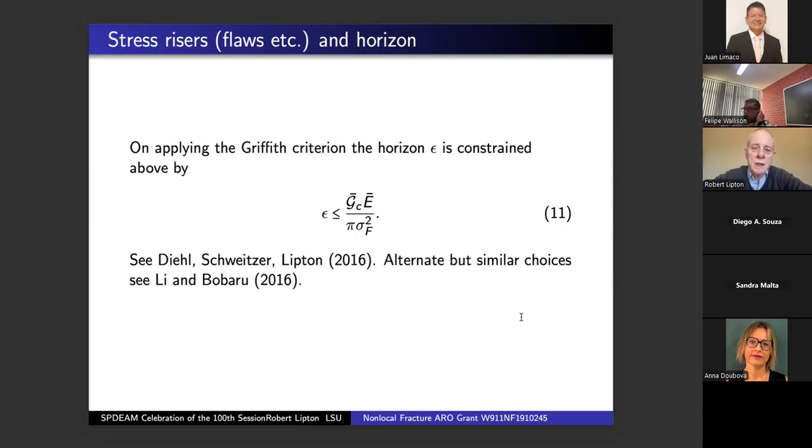And so G_c is what we computed. E is the Young's modulus, which can be picked off a table. Sigma_F is the failure stress, where the force-strain law starts to soften. All of these can be obtained from experiment: sigma_F, G_c, and E. We can plug them in, and that's how big we're going to take our horizon relative to the length scale of the domain.